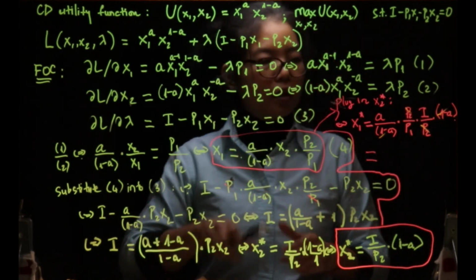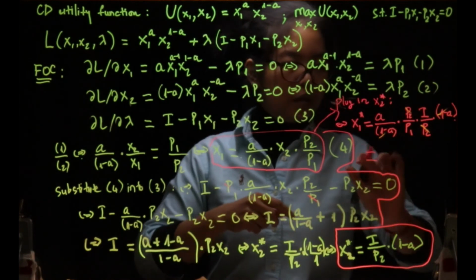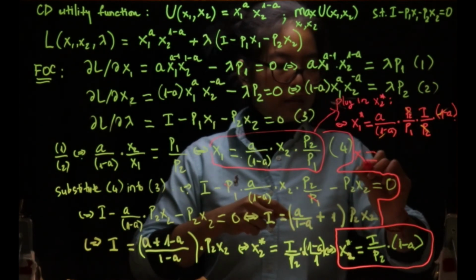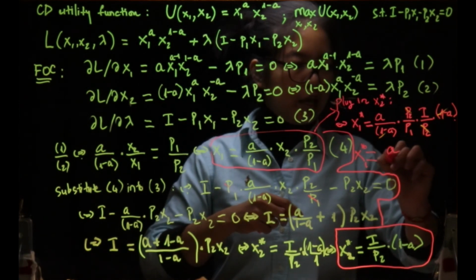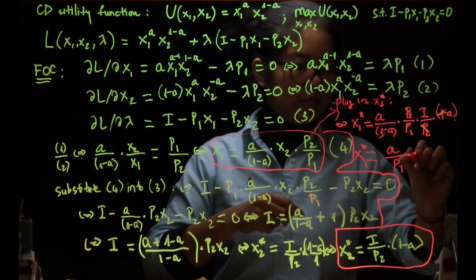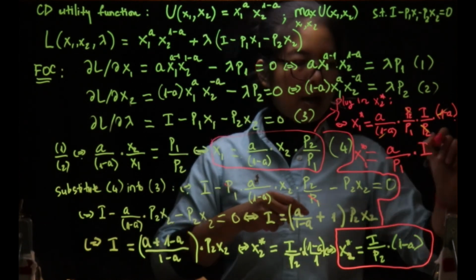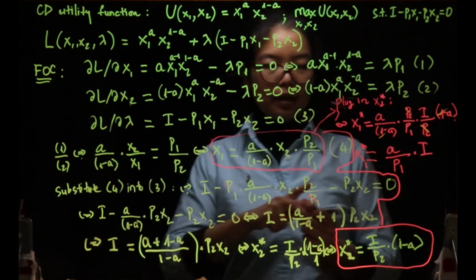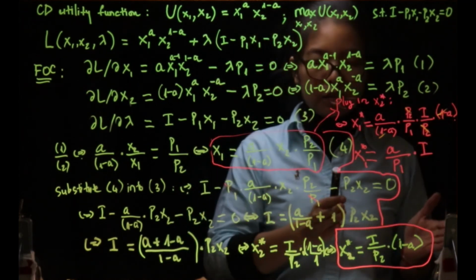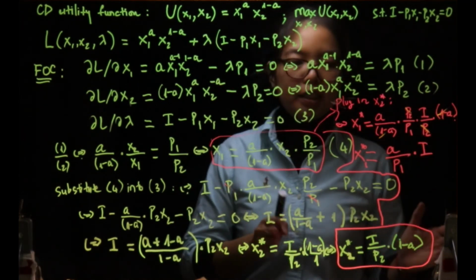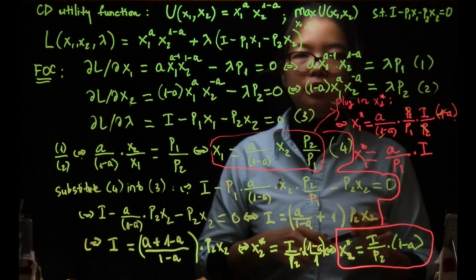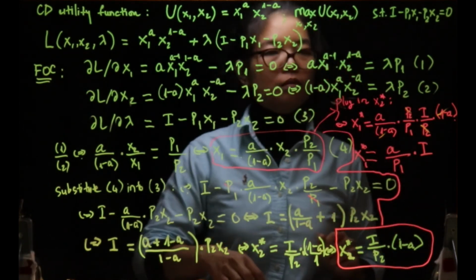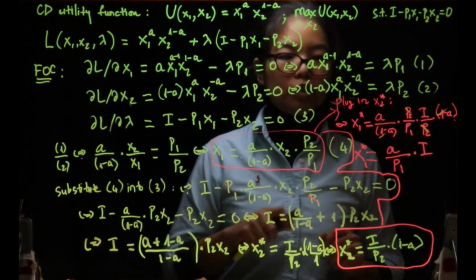So at the end we have x1 star equals a over p1 times I. And this is the Marshallian demand function of x1, given the utility maximization problem and our budget constraint.